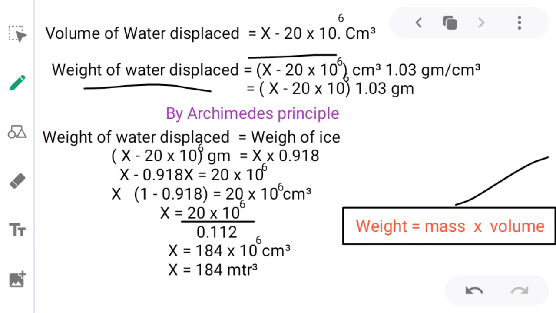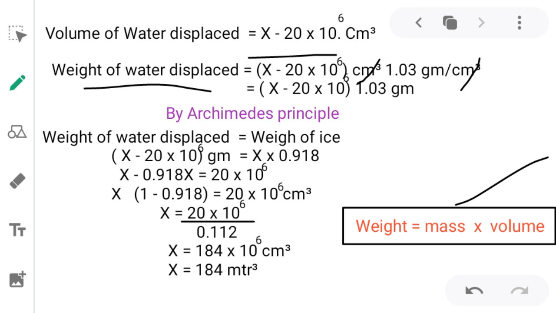We have the volume, x minus 20 into 10 to the power of 6 centimeter cube, and the density of seawater is 1.03 gram per centimeter cube. The units cancel, and the remaining is x minus 20 into 10 to the power of 6, into 1.03 gram. This is the weight of displaced water.